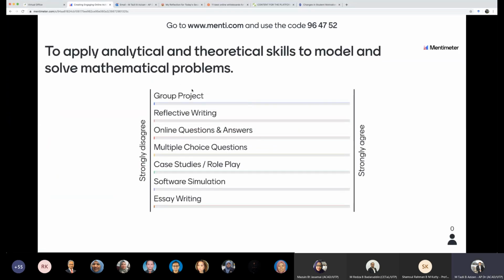I'm going to give you 3 learning outcomes. Can you please respond to this? If you want to apply analytical and theoretical skills to model and solve mathematical problems, so this is one of the learning outcomes. So what would be the alternative assessments that you think is suitable for this? Can you respond to this poll?